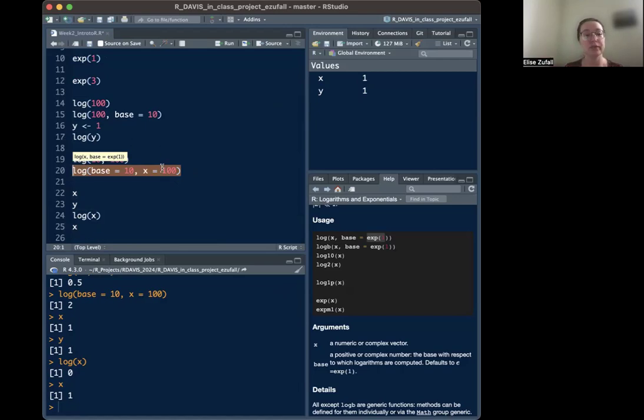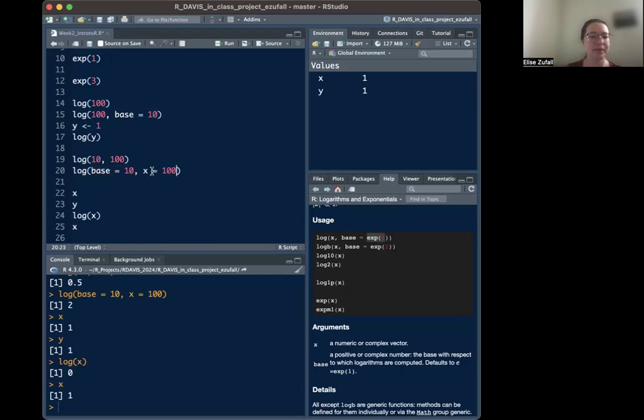So this new value that we assigned x, 100, really only exists within the log function. Just like we don't actually have a variable in our environment right now that's called base. We just told the log function, hey, I know you're looking for something called base. That's the value 10. I want you to put 10 wherever you are expecting to see base. And same thing with x.